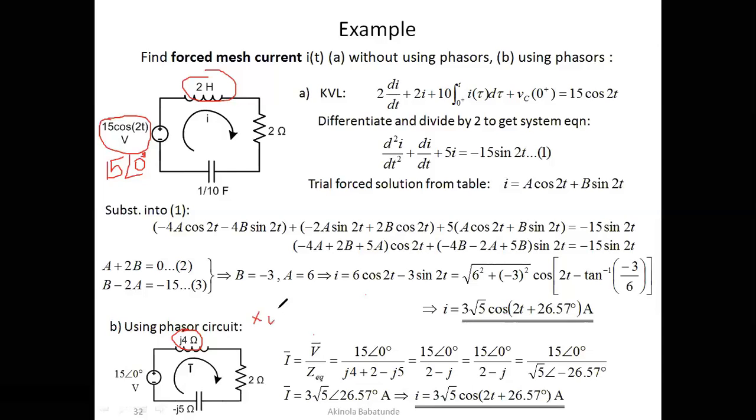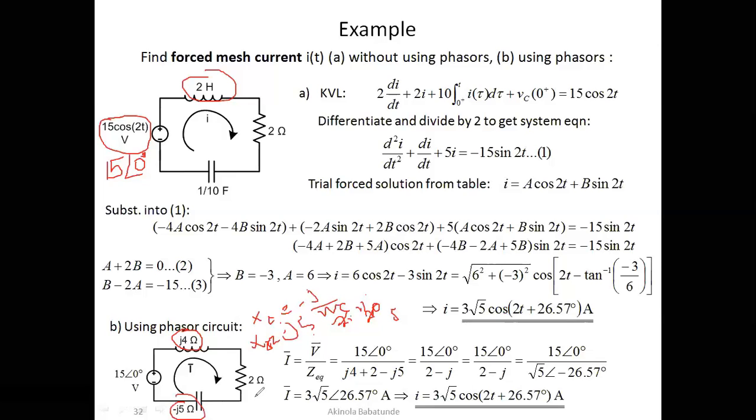So our XC would naturally be equal to minus J over ωC. Our ω is 2. Our C is 1 over 10. So you have times 1 over 10 here. So this becomes 1 over 5. So eventually our XC will just be equal to 5, so this becomes minus J5 at the end of the day. That's how we got here.